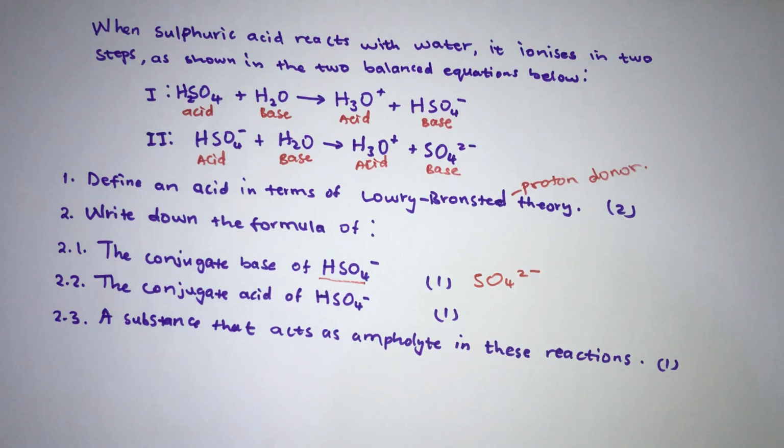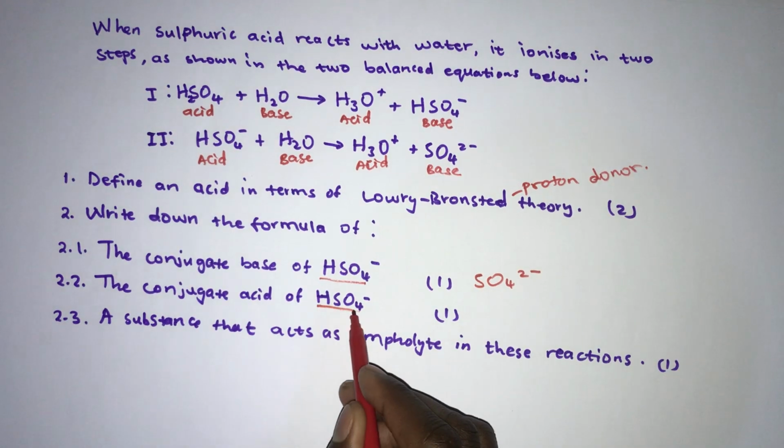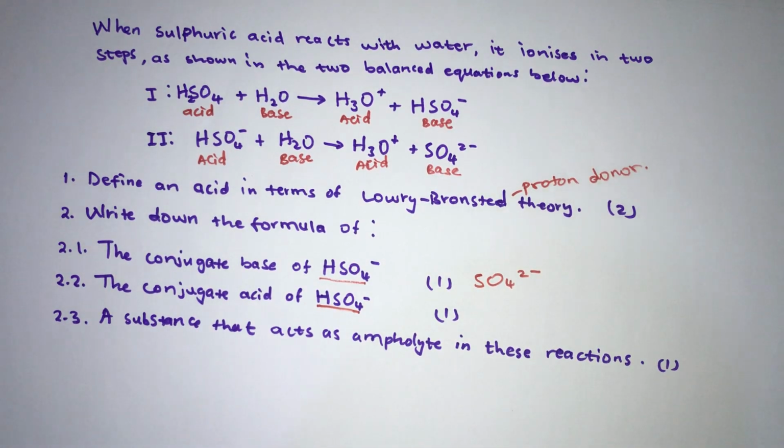2.2, you write down the formula of the conjugate acid of the same one. So since they are looking for the conjugate acid, it means that this one is a base. So they are looking for its conjugate acid. So you check where in the reaction this one is acting as a base.